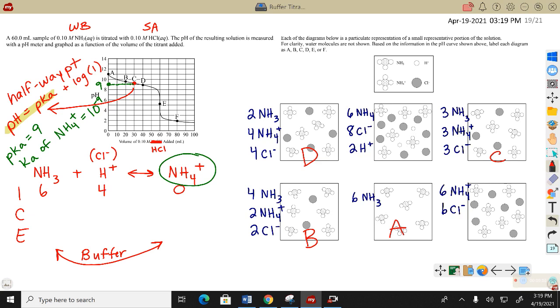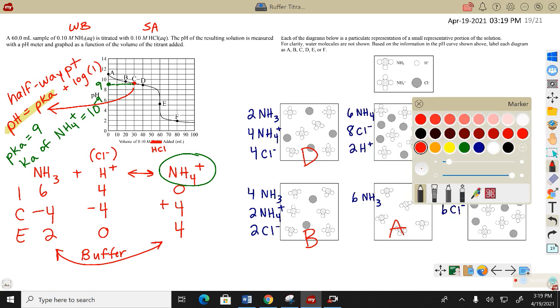Still my limiting reactant, so this will go down to 0, and this will go down to 2, and up to 4. I still have a buffer, but it's a little bit more on the acidic side. The ratio is changing. So as I keep adding more acid, I still have a buffer, but I'm going to have more of the NH4, the acidic particle in the buffer.